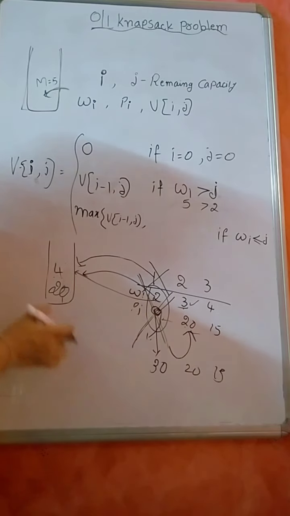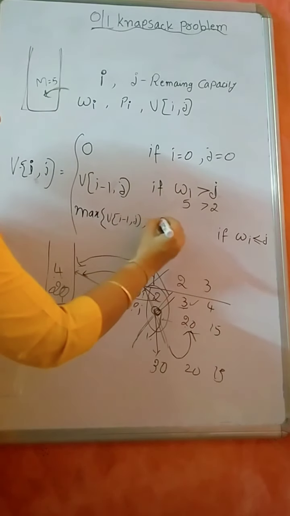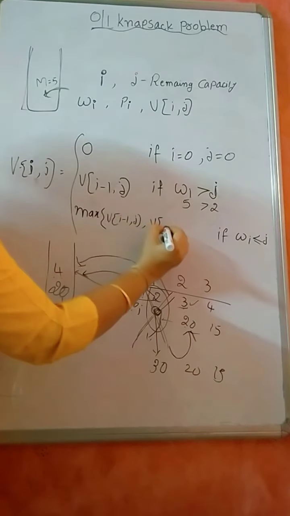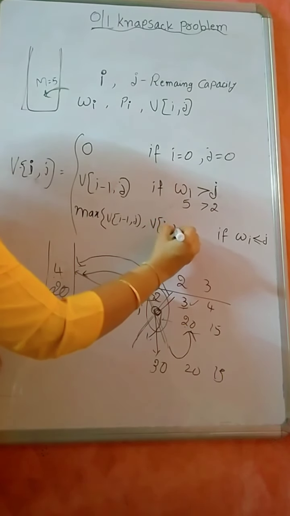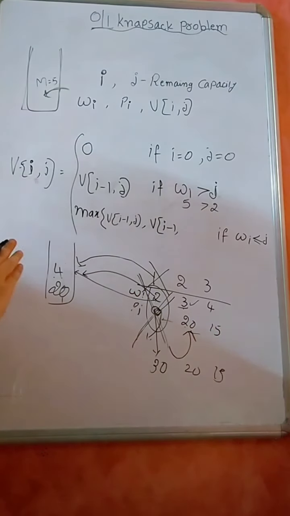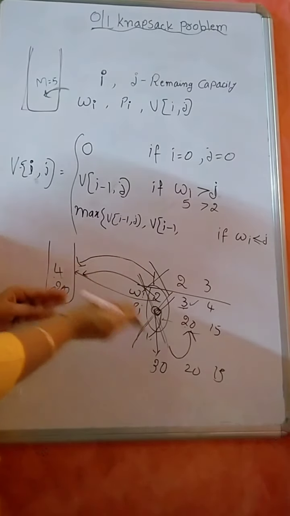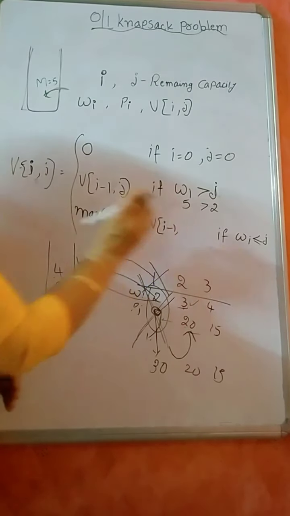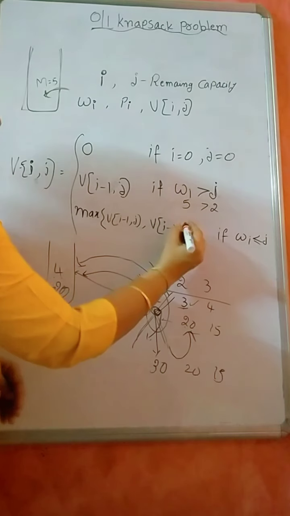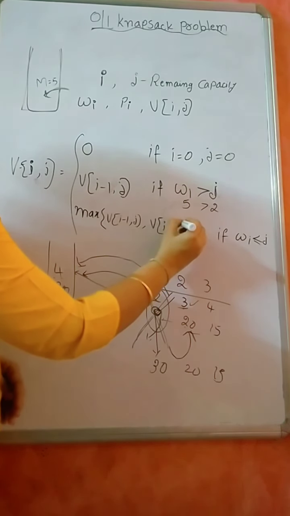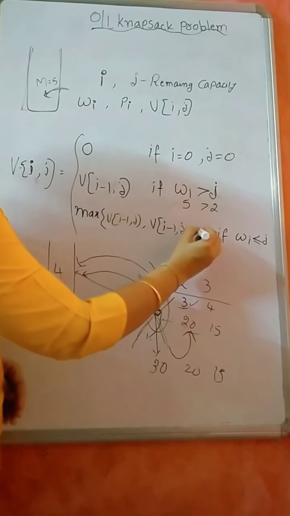Assume that I am selecting the object, then it is V of the previous profit, meaning before I select this particular object, whatever the profit was. But anyhow I am selecting this particular object. So what should be the previous remaining capacity? The previous remaining capacity will be J minus Wi.